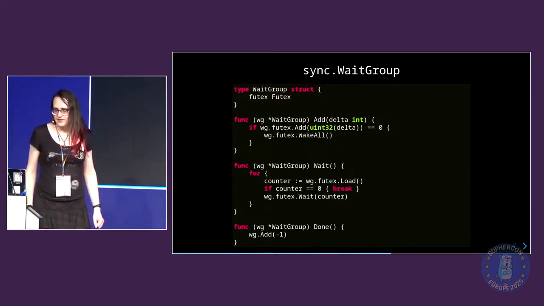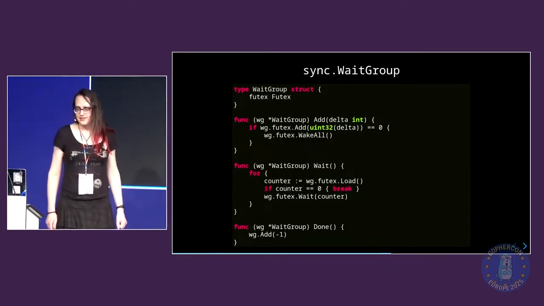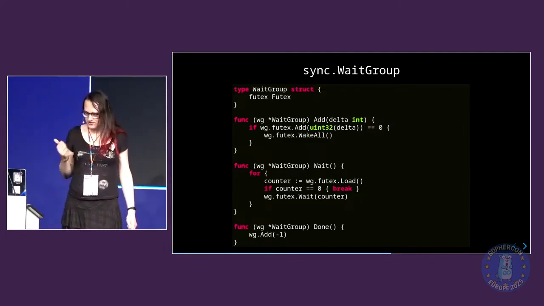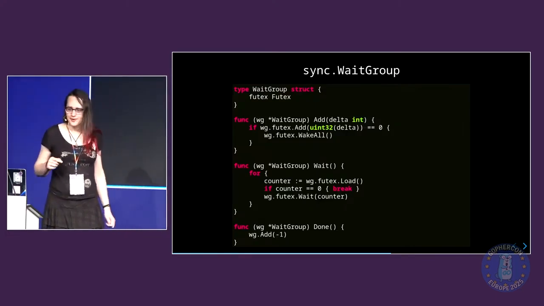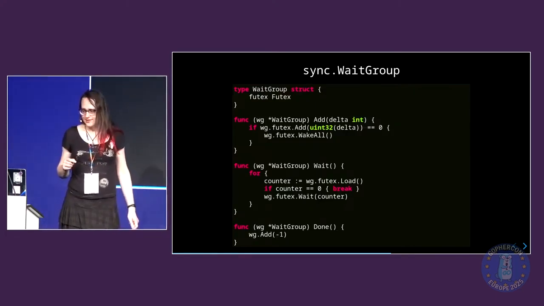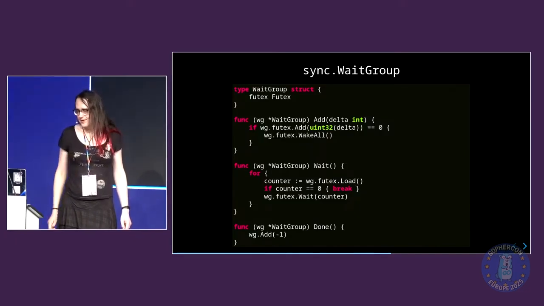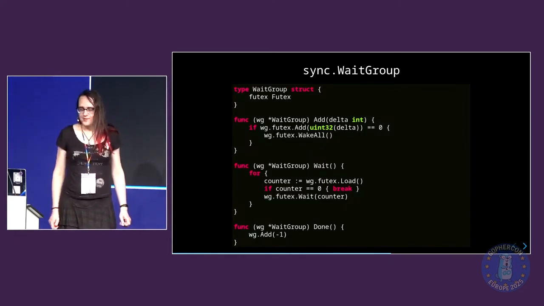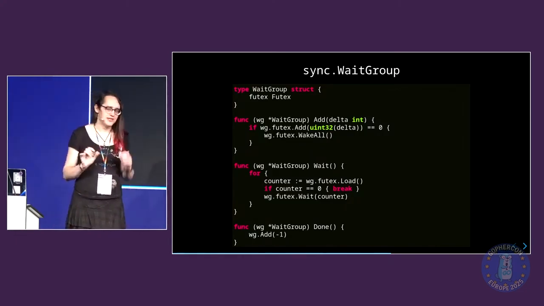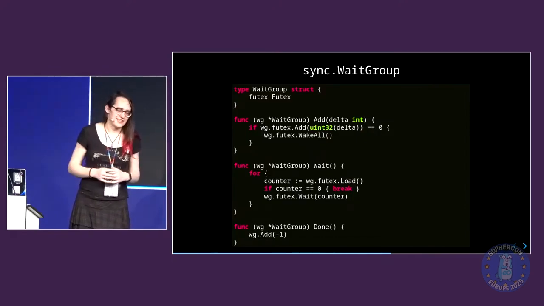The wait method is a little bit more interesting. It basically waits until the counter reaches 0, but there are two interesting parts. One is there's a for loop, and there are two reasons for that. One is that the wait system call, the futex system call, can actually sometimes return even when it's not woken up. Linux just does that.